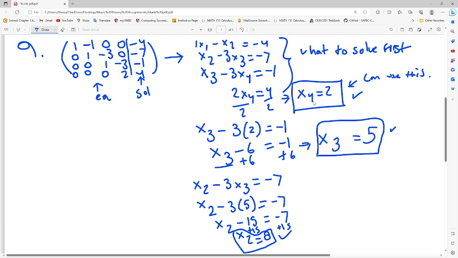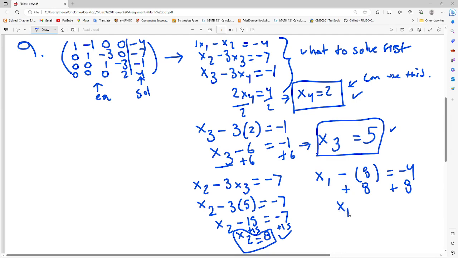We have x2, x3, and x4, so this one should be the easiest step. x1 minus x2, which we stated before is 8, equals negative 4. So we have to think, what minus 8 equals negative 4? Well, we can actually just add this 8 to both sides to get that by itself.